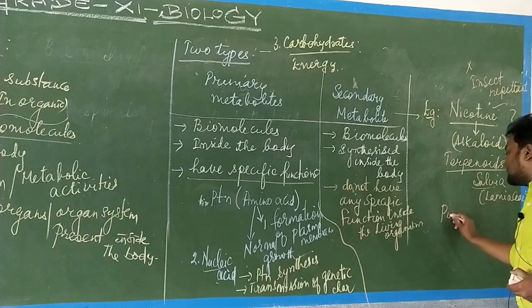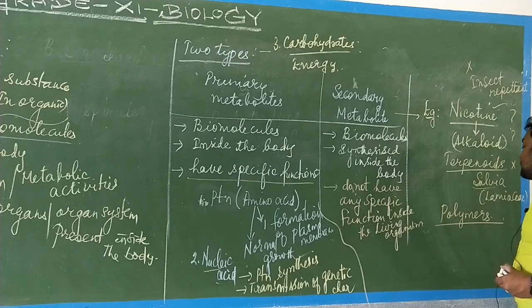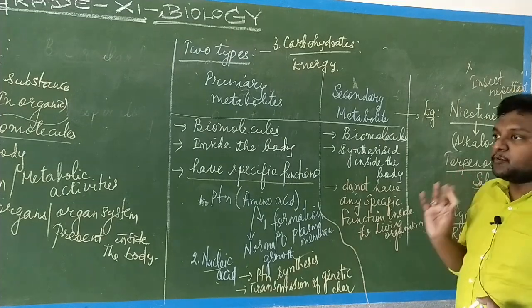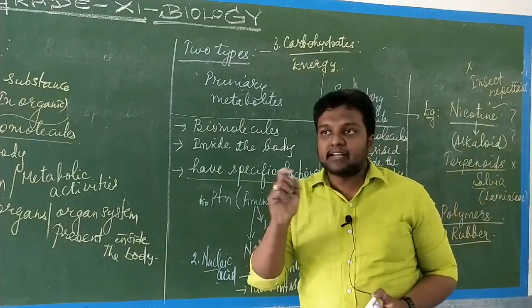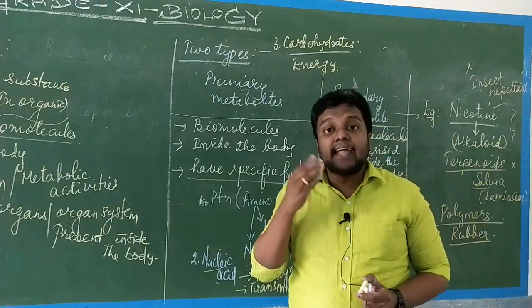Similarly, take polymers, plant products. Say for example you take rubber. What is this rubber? Rubber is an exudate, a latex-like substance, a kind of exudate.